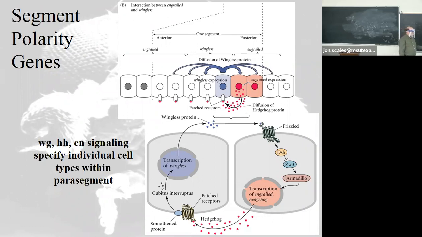Engrailed actually represses patched. So over here in this cell, you have engrailed, and it's repressing the hedgehog receptor, which is patched, okay?